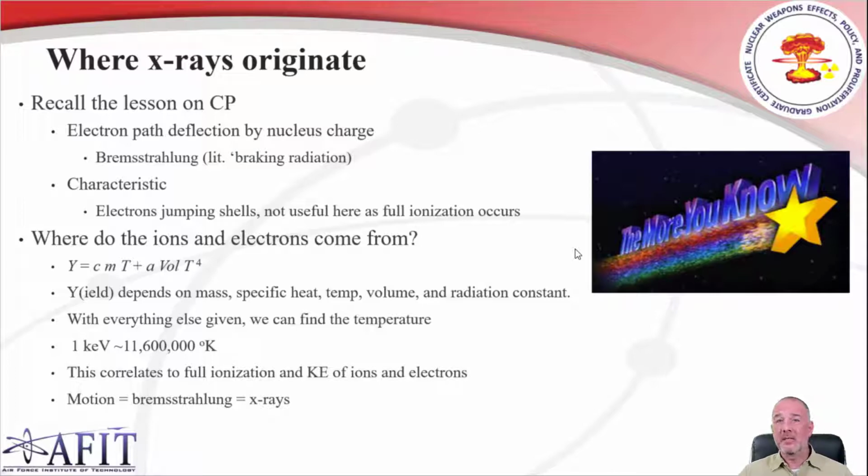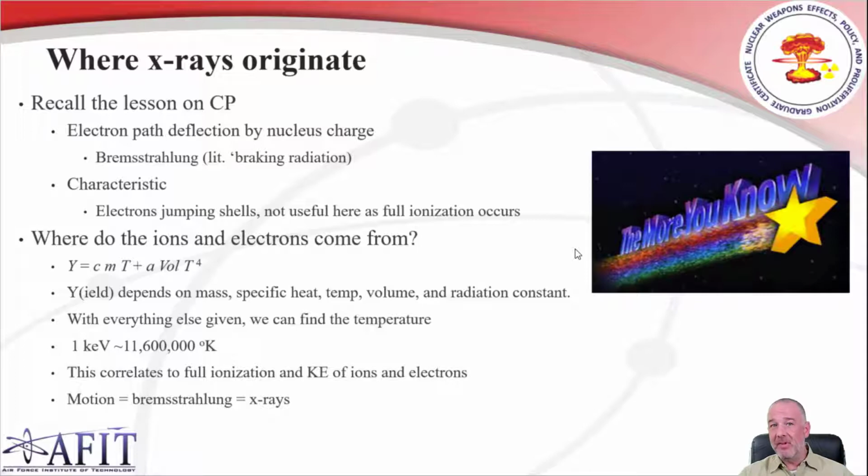Now, where do these electrons or the ions or nuclei even come from? Well, we have an equation that correlates energy to temperature, and then an even more complicated equation that correlates energy to mass, temperature, and volume, which is the one we see here on the screen.